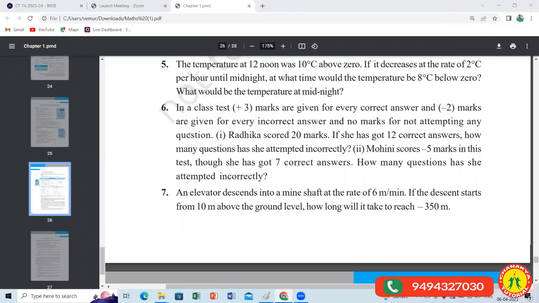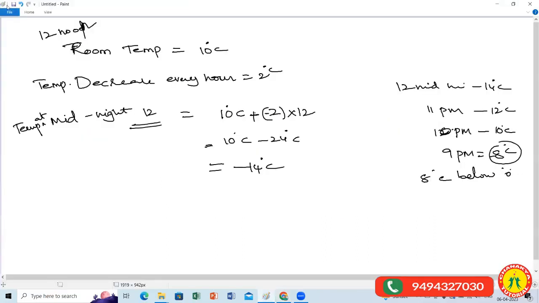Very good. See, in the class test, for a correct answer, how many marks? The same type we did in multiplication also. 3 marks are given for correct, 2 marks are taken for wrong, and no marks for not attempting. Radha scored 20 marks, and she got 12 correct. First, what is given, you have to write, children.